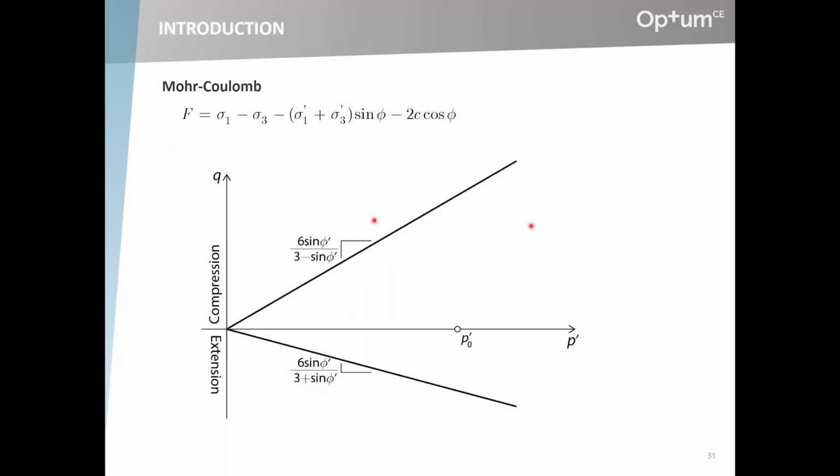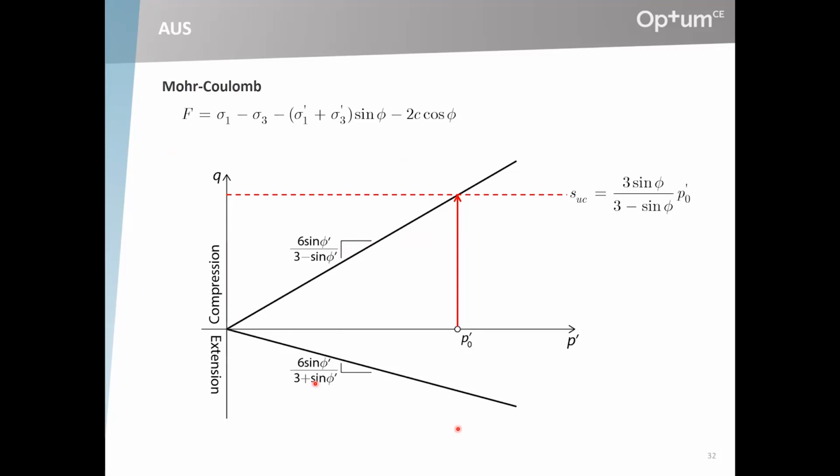So if you look at it in the PQ plane, we have the extension branch of the Mohr Coulomb envelope here, and the compression branch here. The slope of these two is different, and the mean effective stress doesn't change during the test. So a compression test would move right up to there, and this would be the compressive undrained shear strength, and this one here the extension undrained shear strength.